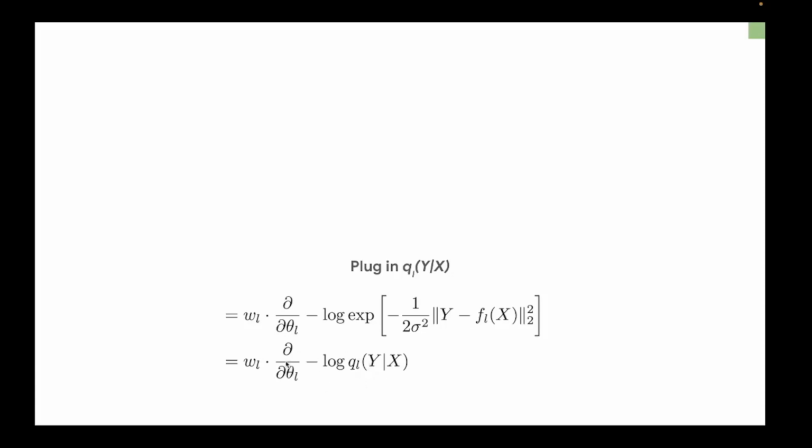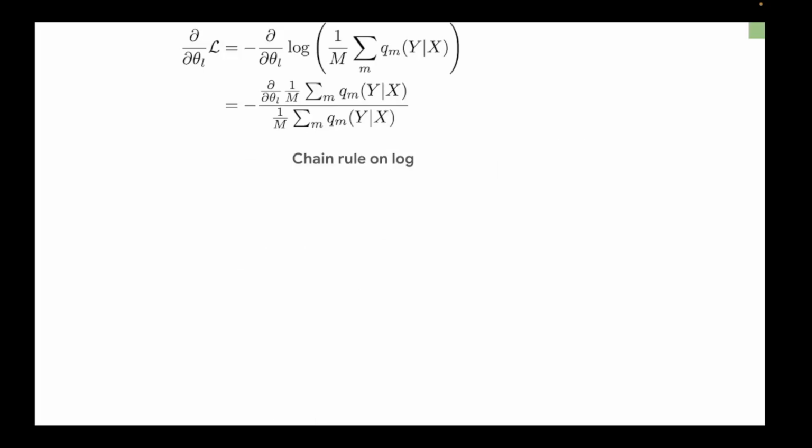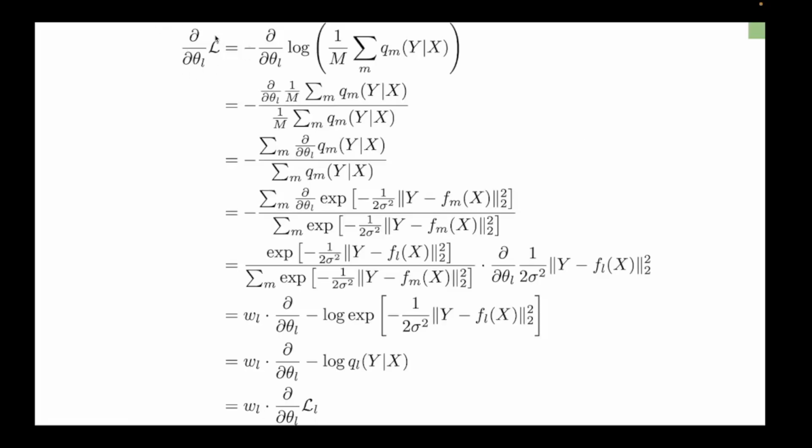So what we have here is basically w_L times the derivative of minus log probability of q_L. And that's actually the log likelihood loss for expert L separately. So eventually, this derivative of the original log likelihood is essentially just training that expert L with some weight multiplied in front of the usual training signal.